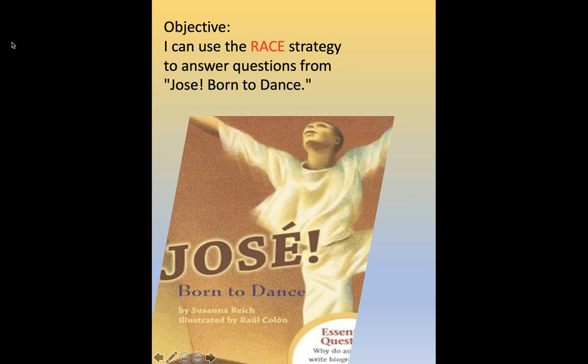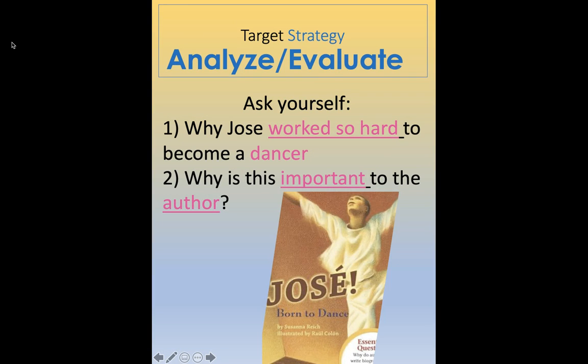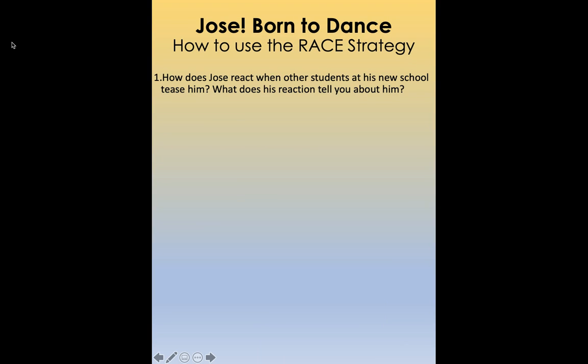All right, so I can use the RACE strategy to answer questions from Jose Born to Dance. And, when you're answering a question, you need to ask yourself, why did Jose work so hard to become a dancer? Why is it important to the author that they show you that he worked so hard to become a dancer? All right, so here's your question.